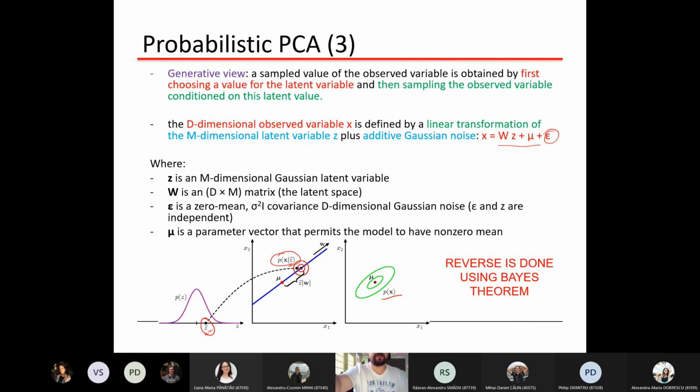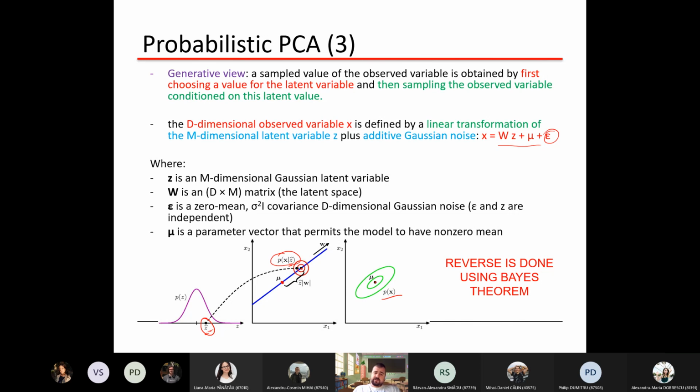And again, z is the m-dimensional Gaussian latent variable. W is the latent space. Epsilon is the zero mean, sigma square covariance, Gaussian noise in the d-dimensional space. And I told you that epsilon and z are independent.